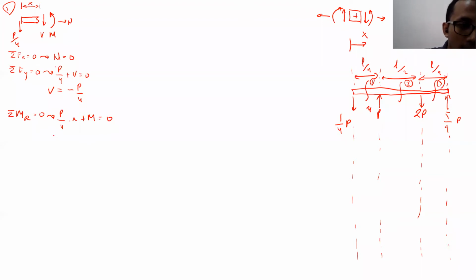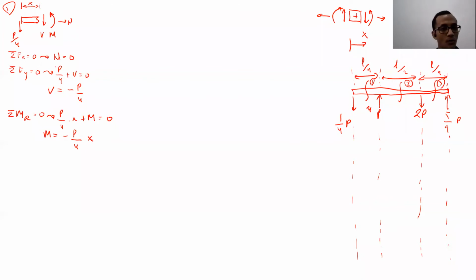Because of that, we will be able to find the M value. What is the M value here? The M value is minus Px over 4. Minus P over 4 x, like this.